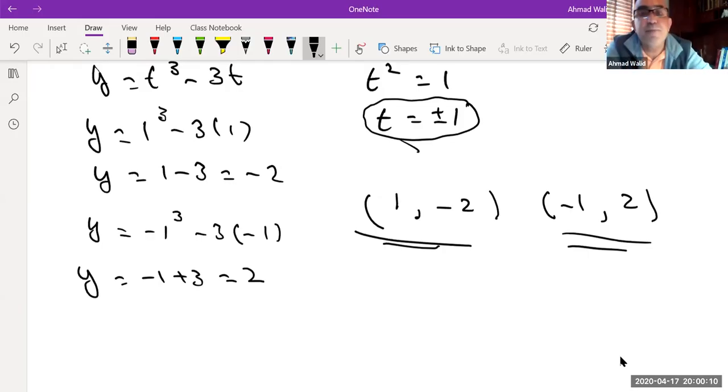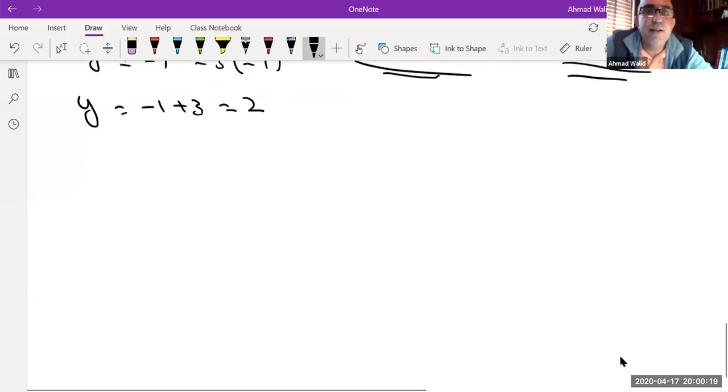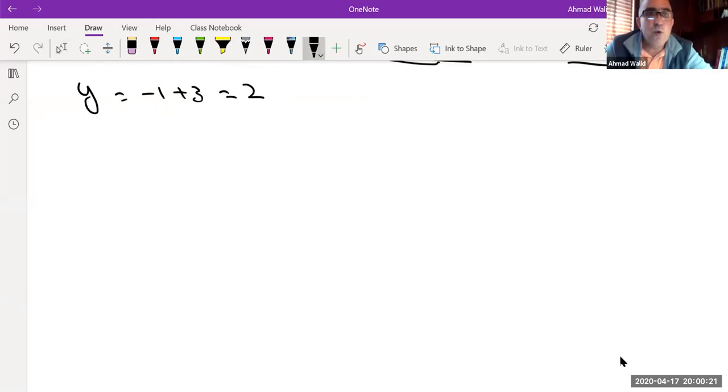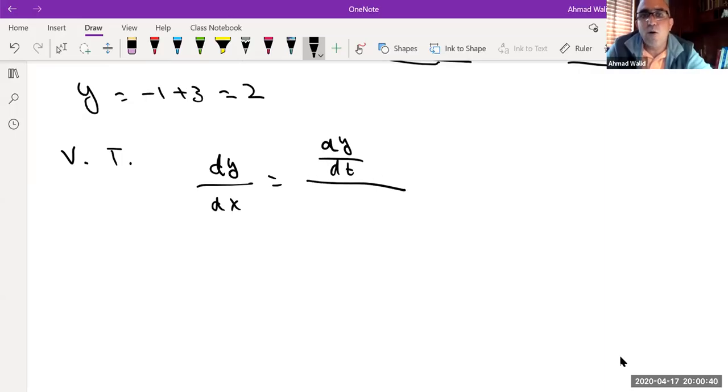Question? Good. Next step. When the tangent line is vertical, at what point do I have a vertical tangent line? Again, look at your equation: dy/dx equals dy/dt over dx/dt.